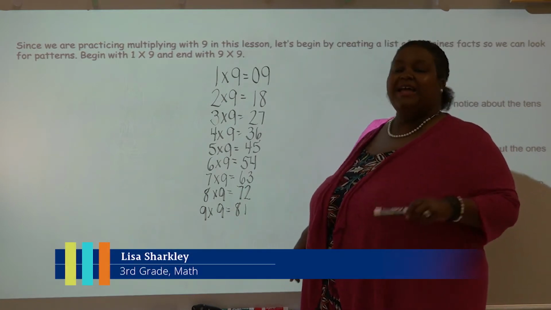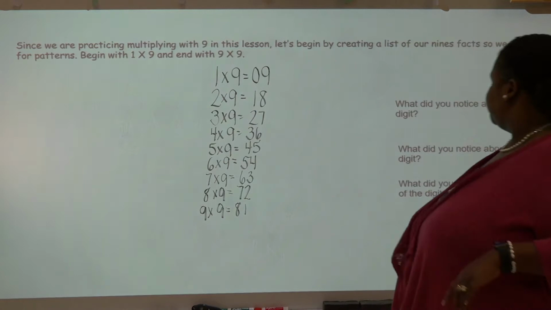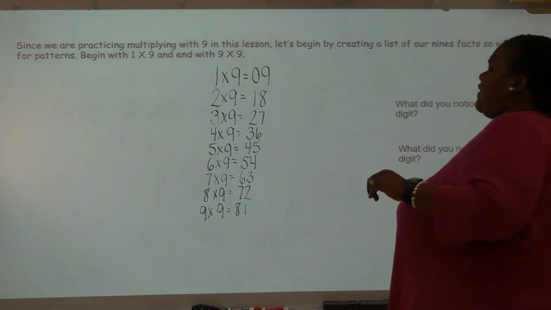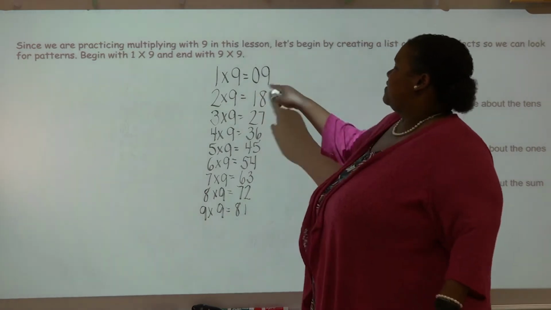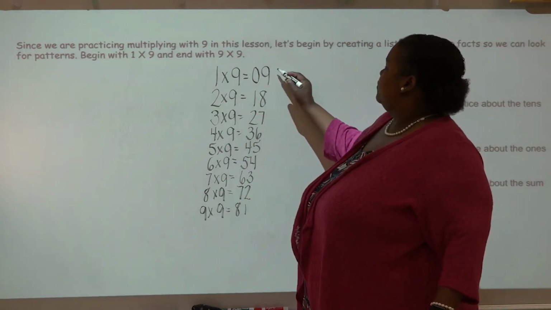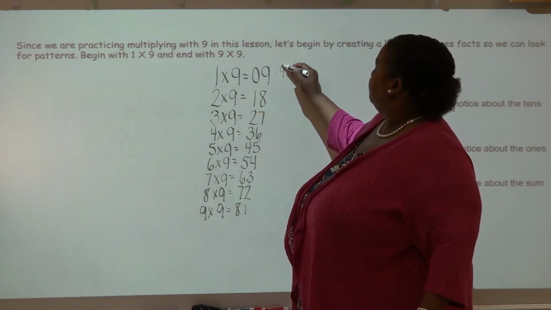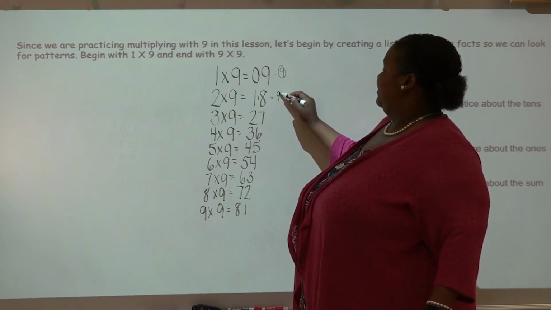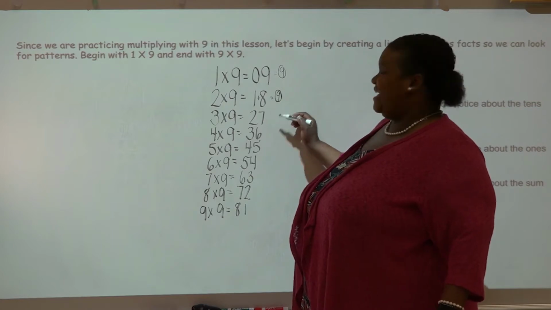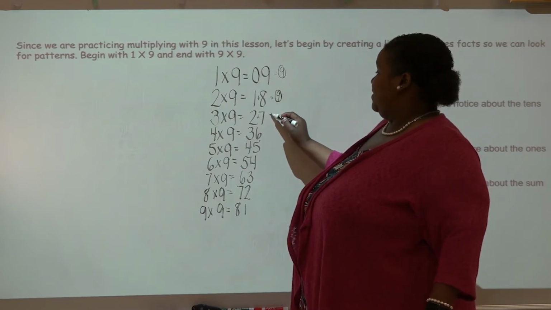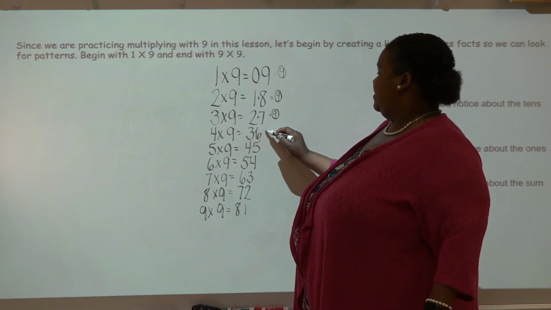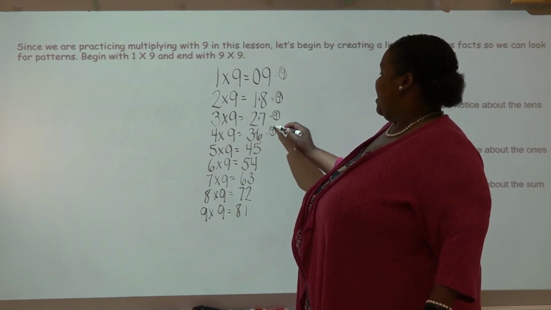I agree. And the last thing you noticed, what did you notice about the sum of the digits? If I add together my sum, 0 plus 9 would be 9. Oh, 1 plus 8 would be 9. Did you notice that? 2 plus 7 equals 9. 3 plus 6 equals 9.